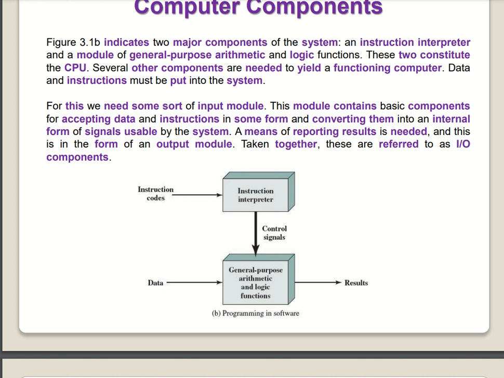Together they are referred to as IO components. It accepts the data and instructions, processes them and generates the control signals, and that's sent to the ALU. So who is doing all these things? The instruction interpreter.